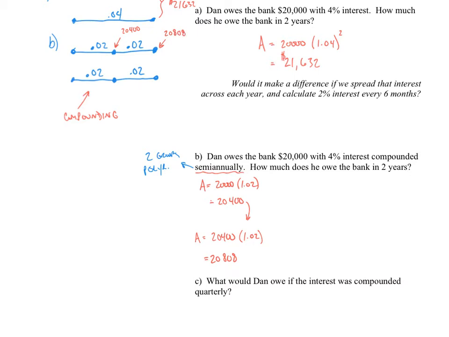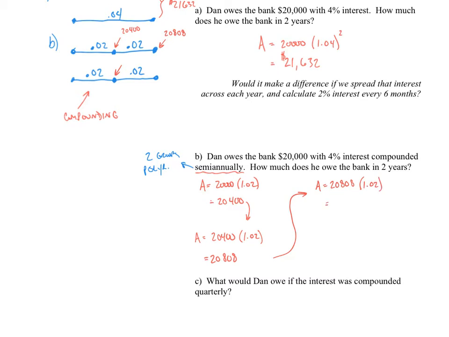We still don't really know if this is going to end up being exactly the same, but we know that if we compound in that first year, we end up owing $20,808. All right, so we keep going. Let's figure out how much he owes after the third 6 months. So A equals, we're going to start with that $20,808 that he left off with at the end of the first year, and we're going to add another 2% to that.